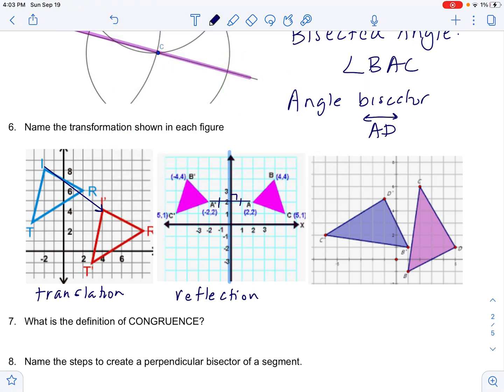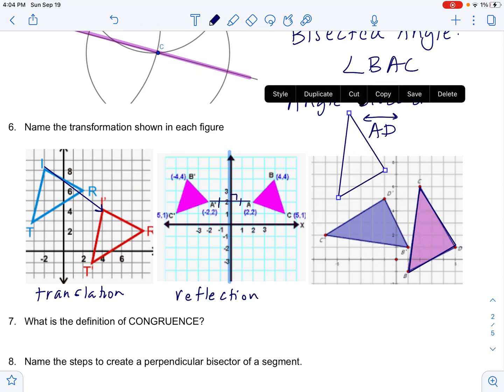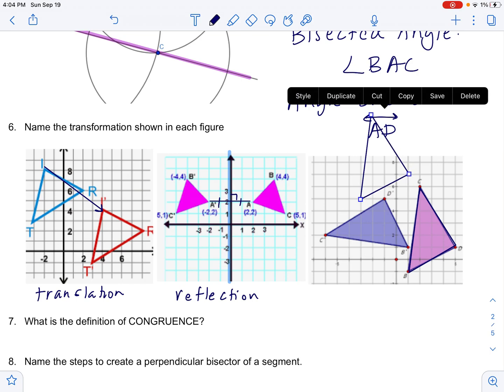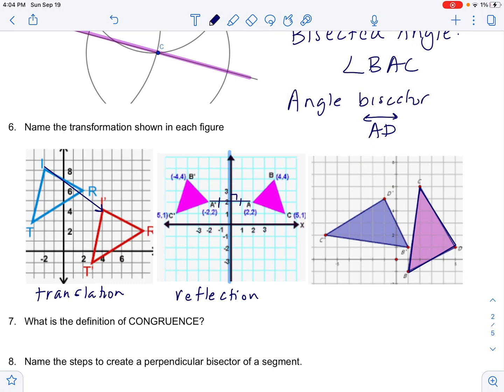If I start with figure BDC, like that, and then in Notability, this is kind of a cool feature. If I duplicate it, let me try that again. I copy it, and if I paste it, oh shoot. I'm going to try that one more time with a different kind of drawing.